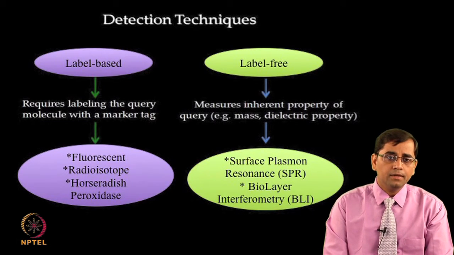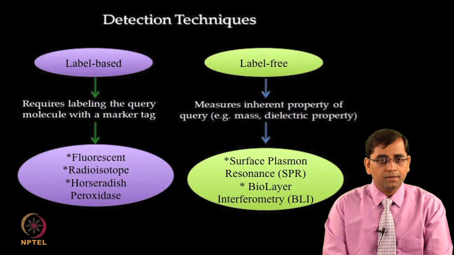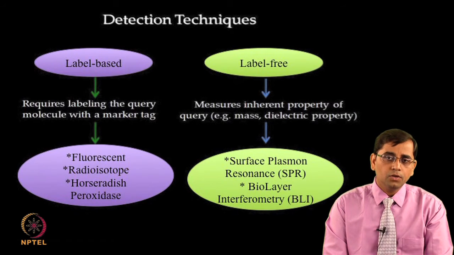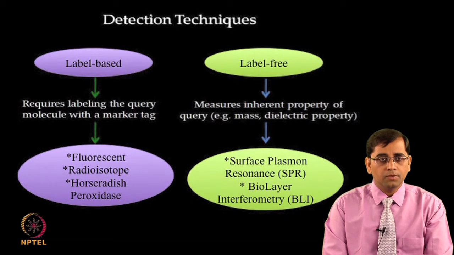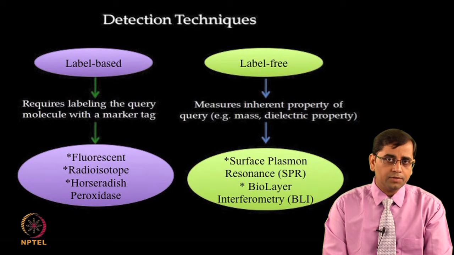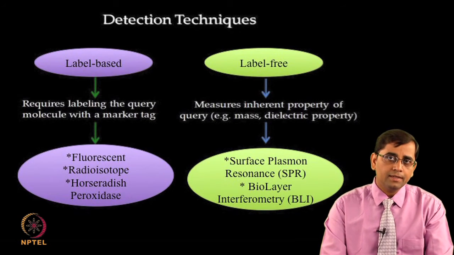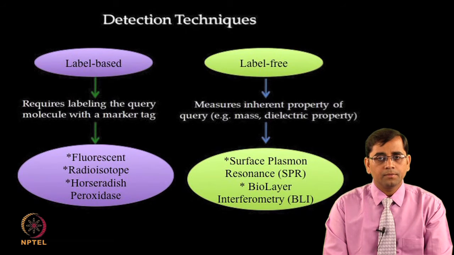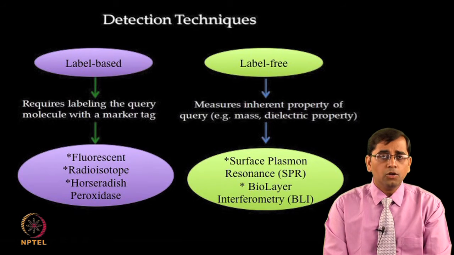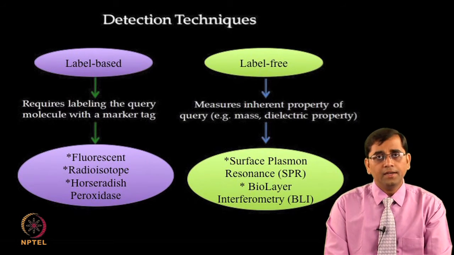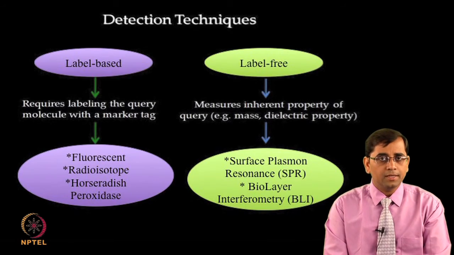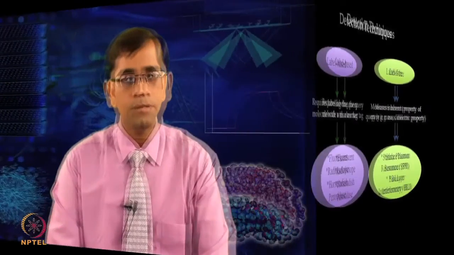On the other hand, label-free techniques measure the inherent property of the query molecules, for example, the mass, dielectric property, etc. There are various label-free techniques that are emerging, and some of the most promising ones include SPR, BLI and carbon nanotubes and different types of nanotechnique based biosensors.